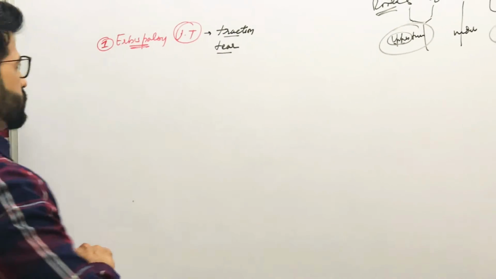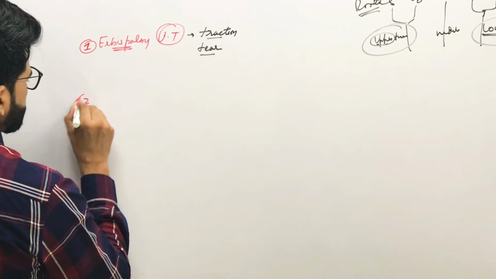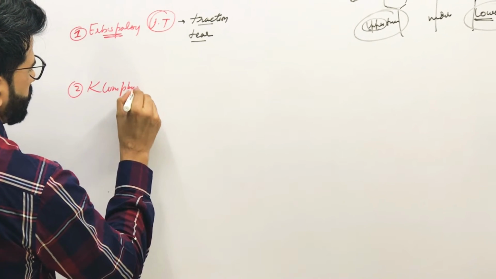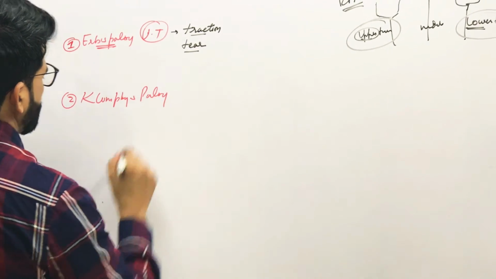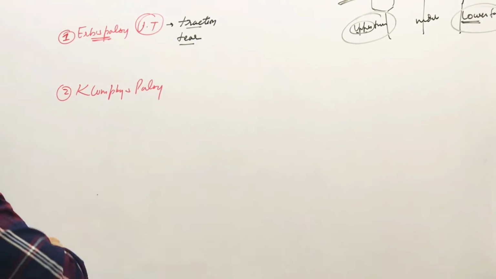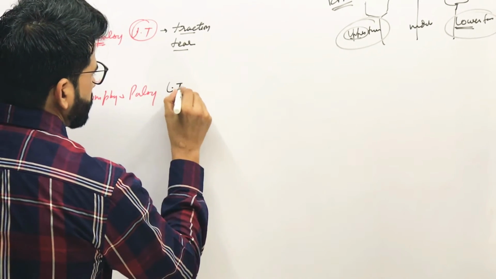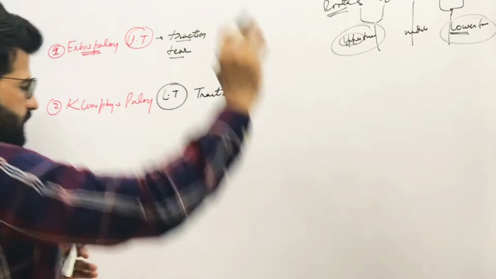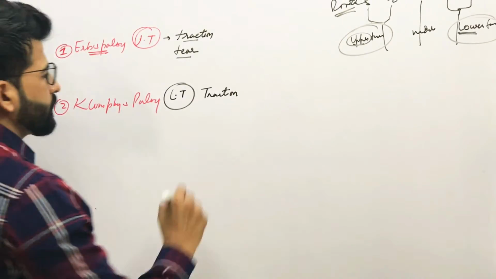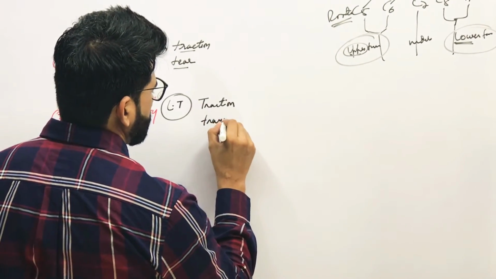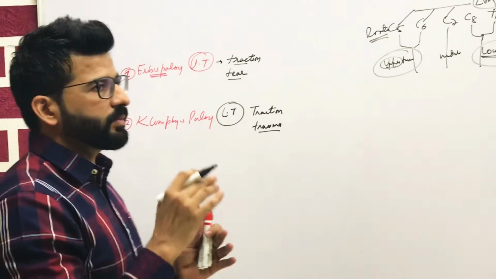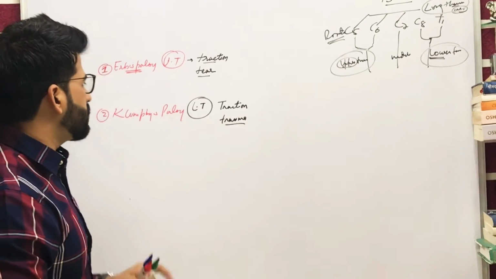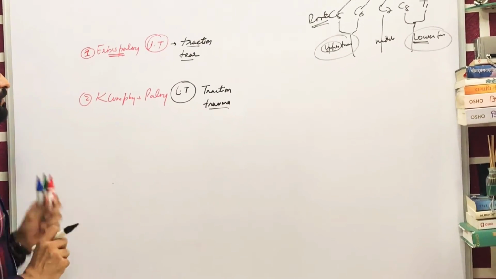Second to discuss is Klumpke's palsy. Klumpke's palsy is the injury to the lower trunk, again because of traction, pulling the hand in infants during delivery, or trauma when somebody is falling from a tree and trying to grab the branch, which can lead to traction trauma to the lower trunk.